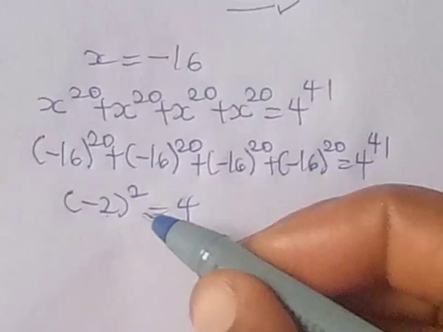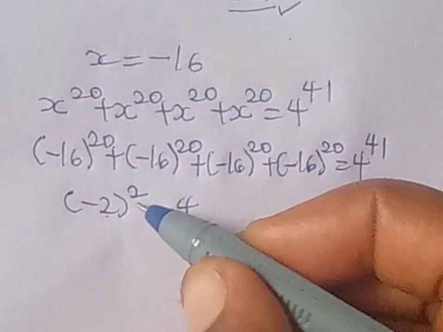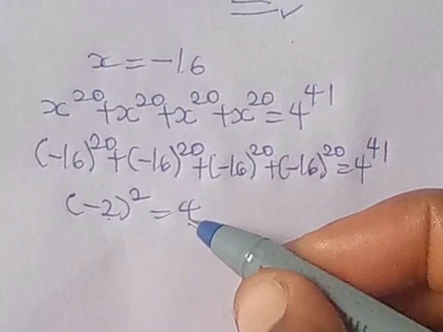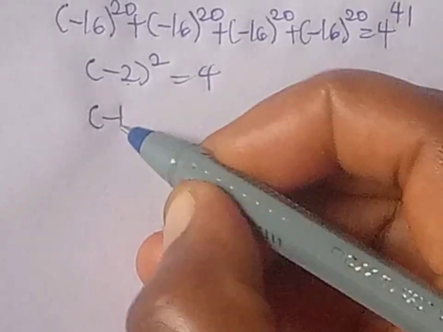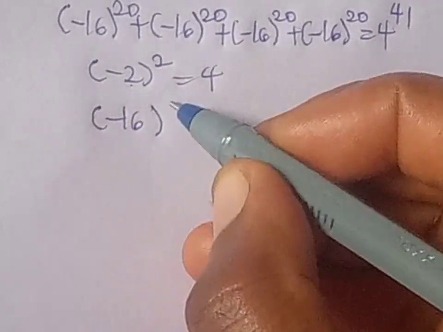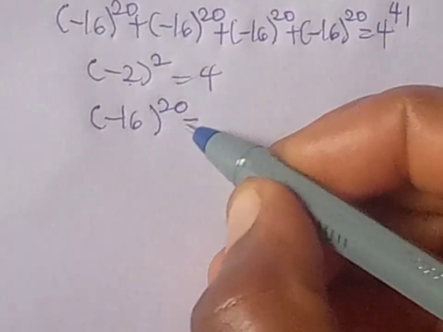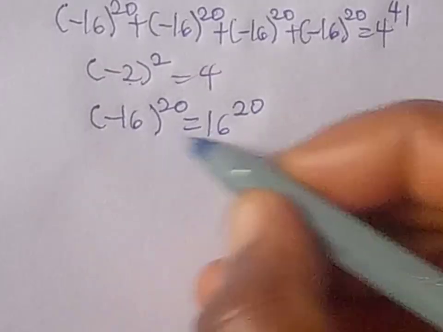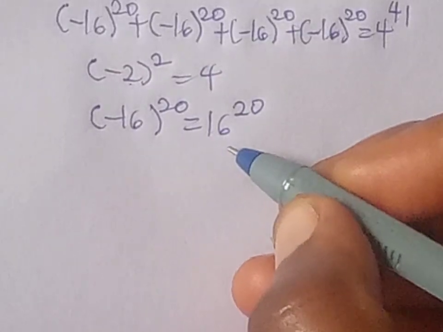Likewise, if you have an even number as the exponent, then the result will be a positive number. Therefore, minus 16 raised to the power of 20 equals 16 raised to the power of 20. Both of them are the same.